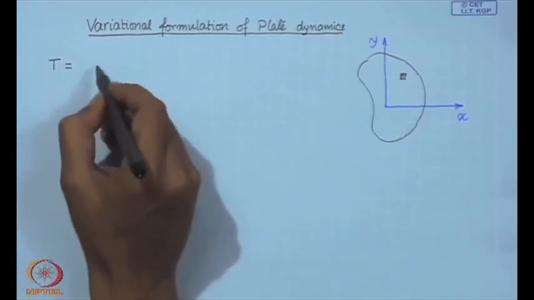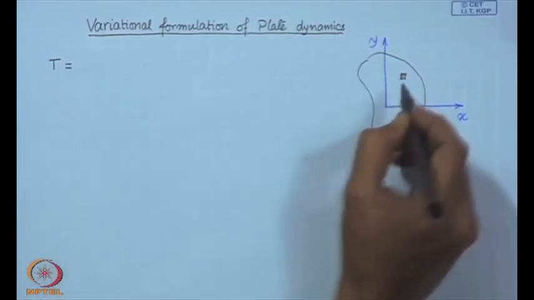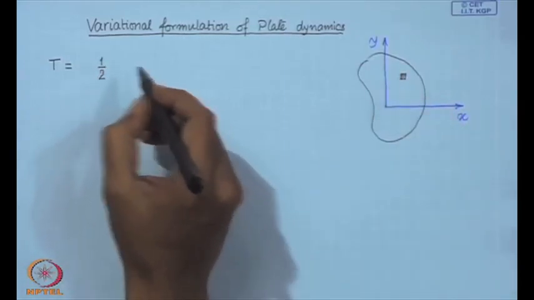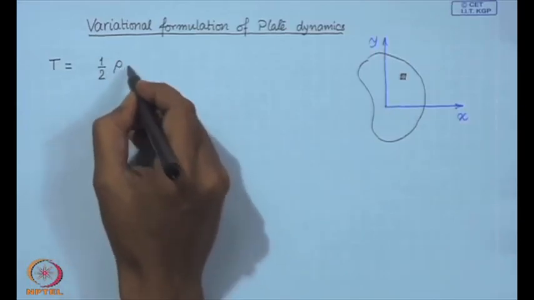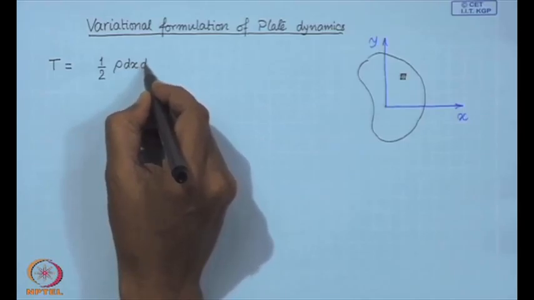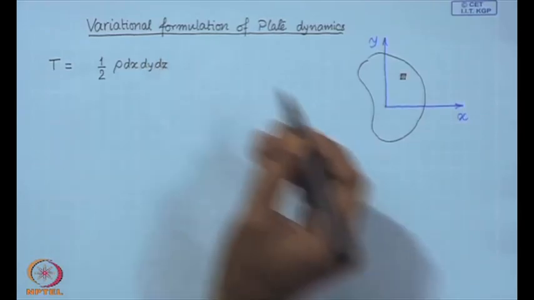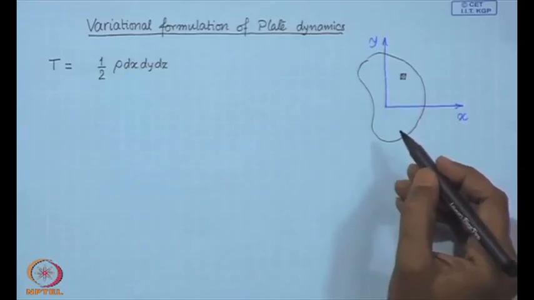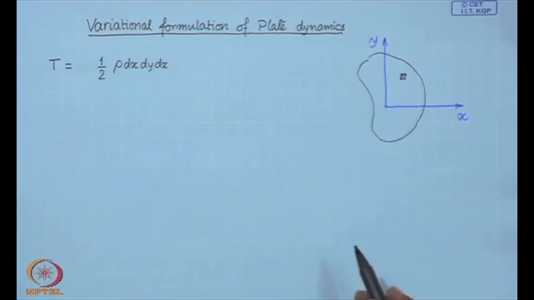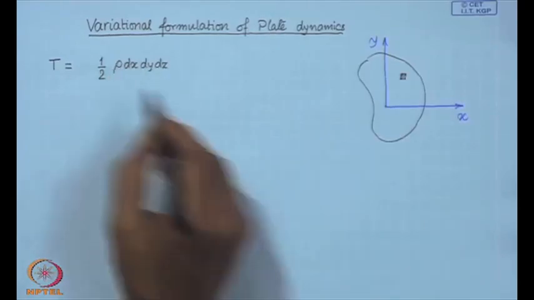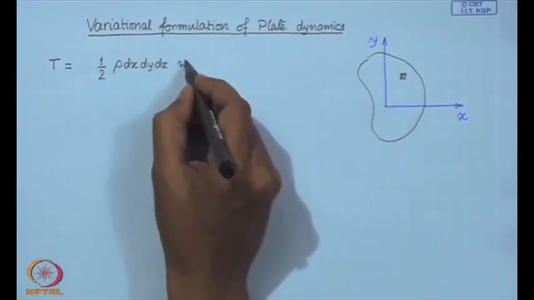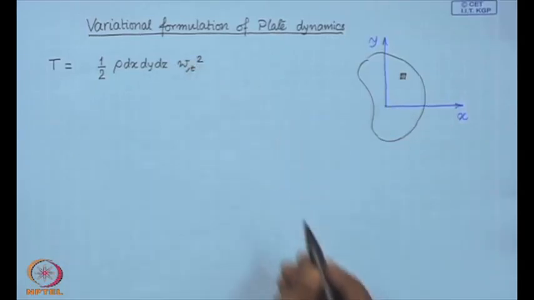The kinetic energy for this little element is given by 1/2 times rho, the density, times dx dy dz, where z is the coordinate perpendicular to the plane of the paper. This is the mass of this little element times its transverse velocity squared.